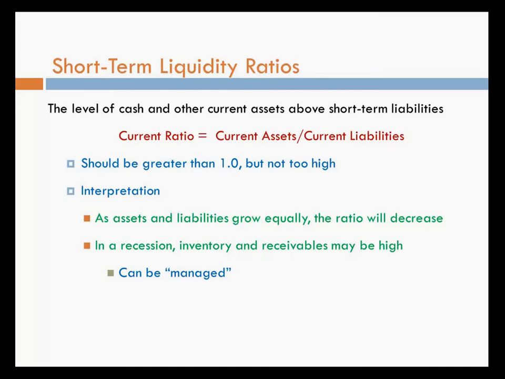And then there's the issue of the fact that inventory is in here, right? That could be managed. Produce a whole lot of inventory even though business isn't good. You're just shifting from cash to inventory. Or have lots of receivables because you're not doing a good job getting paid.